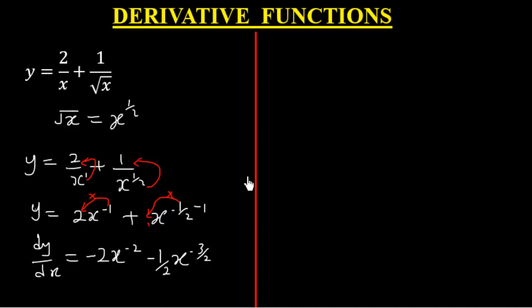Now let me repeat the derivative here. So dy/dx equals negative 2x to the power negative 2 minus half x to the power negative 3 halves. Alright, so with this, we want to make the exponent of the x in both terms positive. So we need to move them from the top to the bottom so that they become positive.